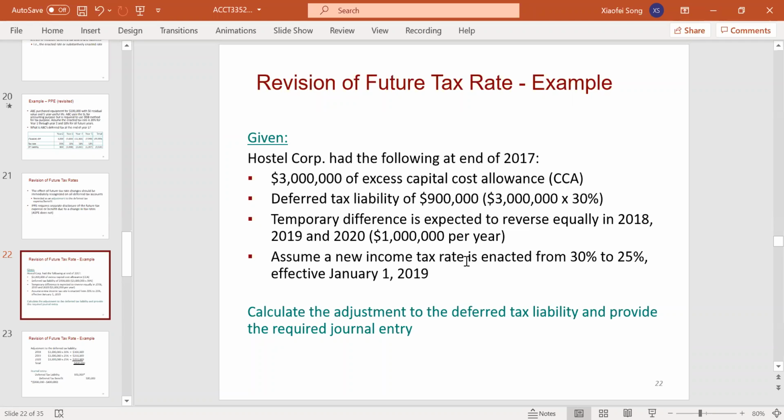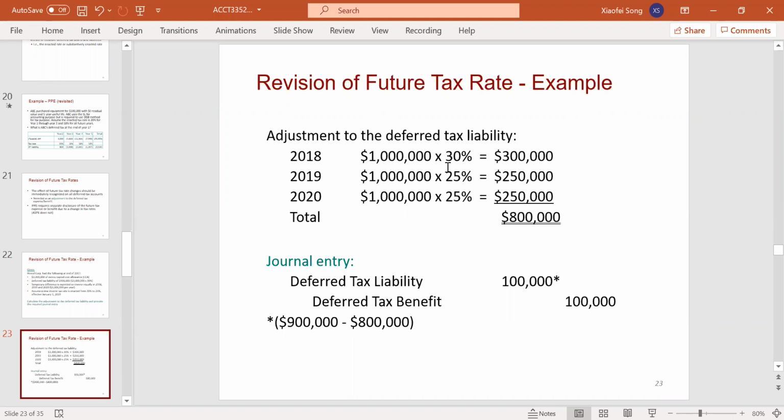Now assume a new tax rate is enacted, from 30 to 25%, effective January 1st, 2019. Now we have to reevaluate deferred tax liability, right? Before, every year was 30%. Now for 2018, when the taxable amount is added, you still pay tax at 30%. But for 2019 and 2020, when the remainder of the taxable amount is added to taxable income, 25% is the tax.